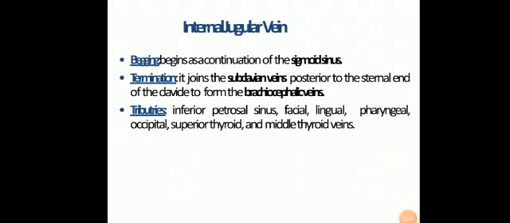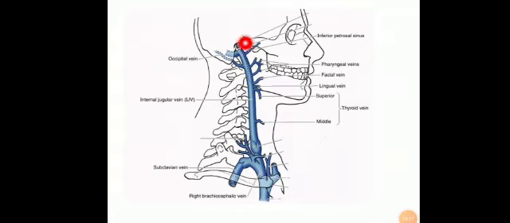Internal jugular vein. The internal jugular vein is a continuation of the sigmoid sinuses at the jugular foramen. The internal jugular vein terminates by joining the subclavian vein to form the brachiocephalic vein.